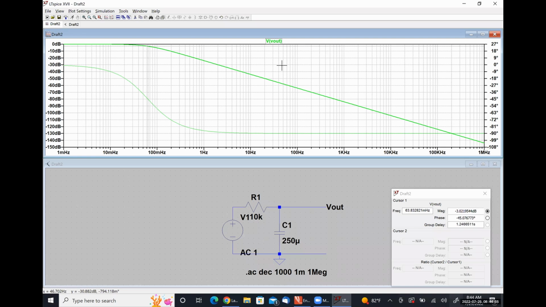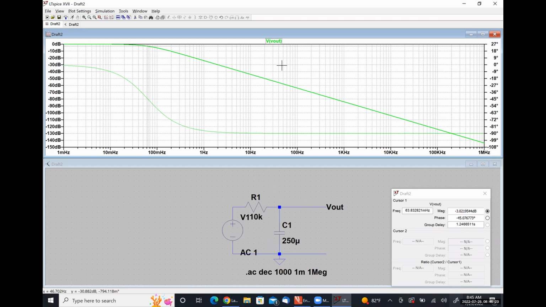There we go. Okay, so according to our simulation, our circuit has a corner frequency of 63.833 millihertz. So what I'm going to do is I'm going to type in 1 over RC.